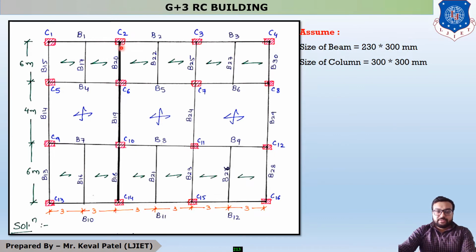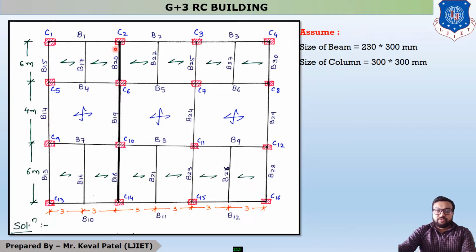So students, as per this figure, you can see that beam B18 and beam B20 are the mirror image of one another. So, if we calculate the load on beam B18, then it is obviously the same load on beam B20.